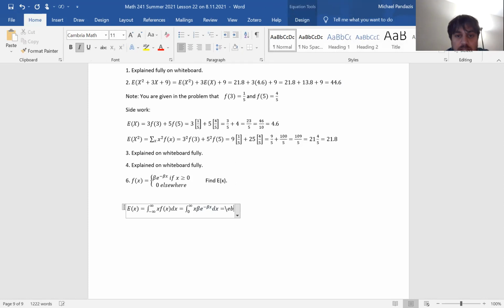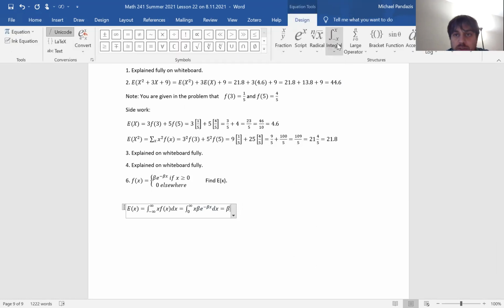And so you have beta, which is a constant, times the integral, still from 0 to infinity, of x e to the negative beta x dx.